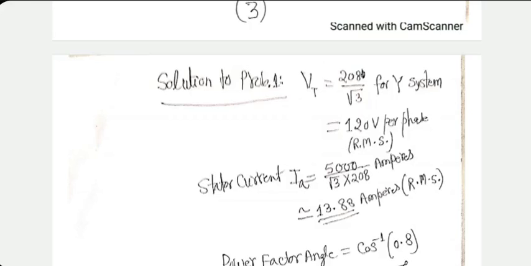It is square root of 3 VLL multiplied by IL magnitudes. IL is IA. It's a star system. So I'm using that formula here to calculate the line current, which is same as phase current in star connection. So if I use that formula, I get 13.88 amperes. This is magnitude, by the way.